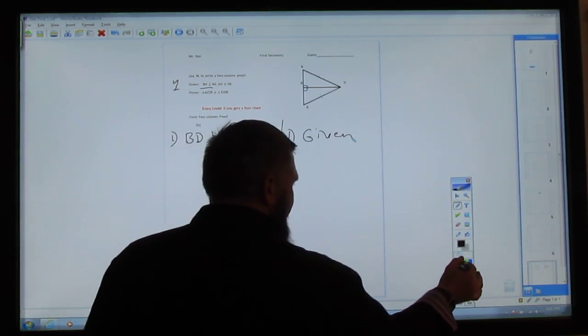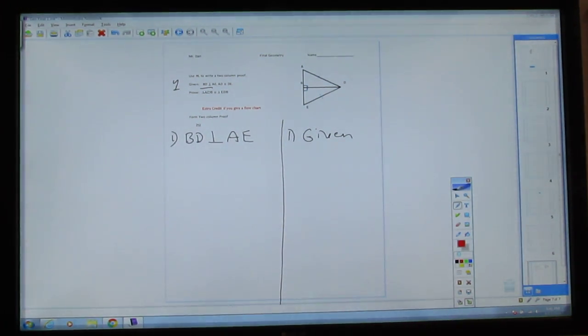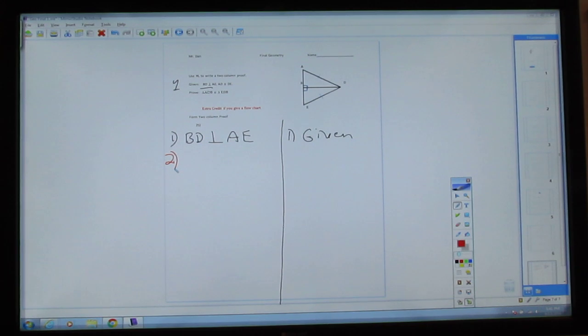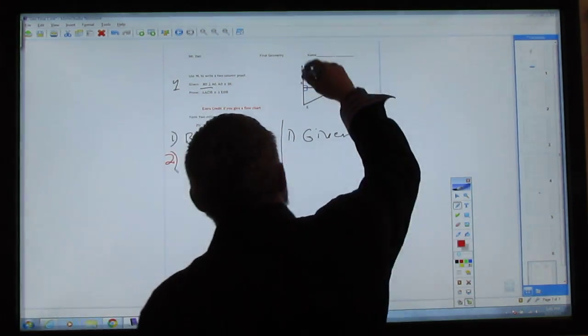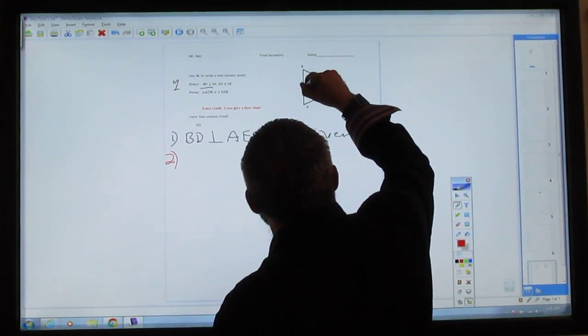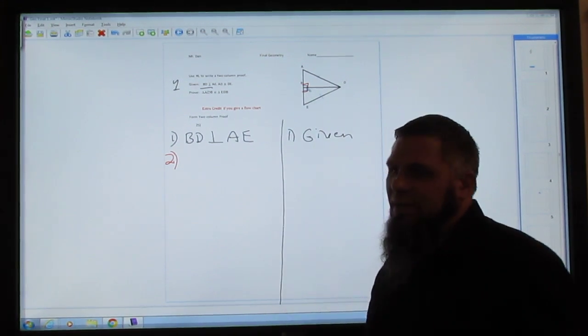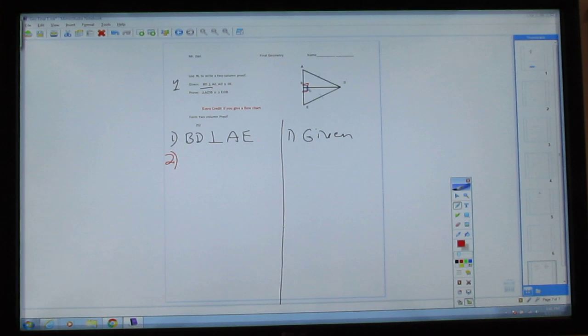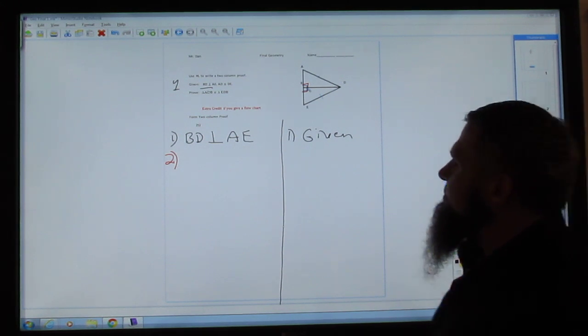Change color. 2. What can I do with that given? What does it matter if these are perpendicular? Okay, these are perpendicular. Yay, they're perpendicular. What does that matter? Can I do anything with that?